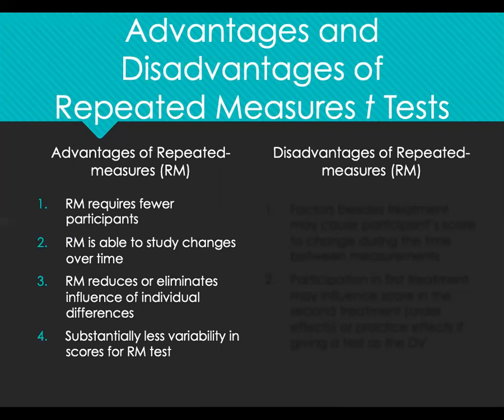So in an independent samples t-test, you would have differences between participants in group 1 and participants in group 2. And of course, with repeated measures, since you're using the same participants and measuring them twice, you get rid of all of those individual differences that could affect your results or your outcome.